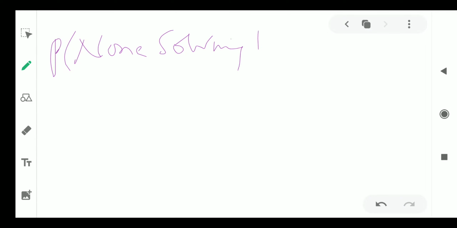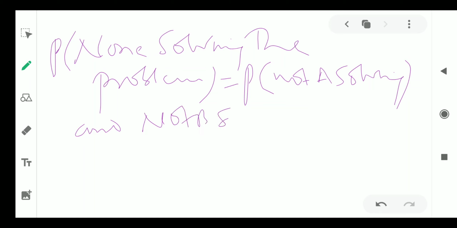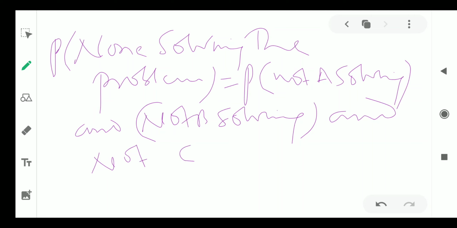Probability of none solving the problem, which means no one is able to do the problem, will be P of not A solving, that means A will not solve, and not B solving, and not C solving.